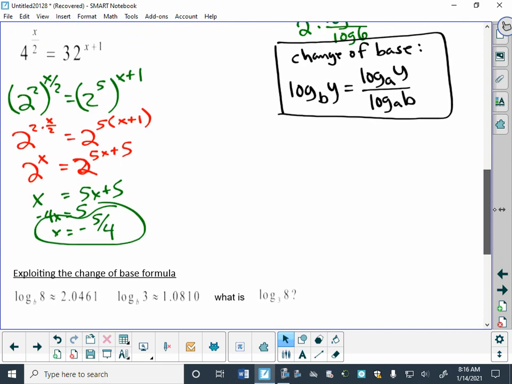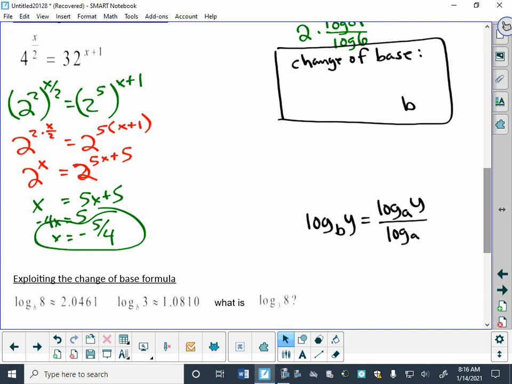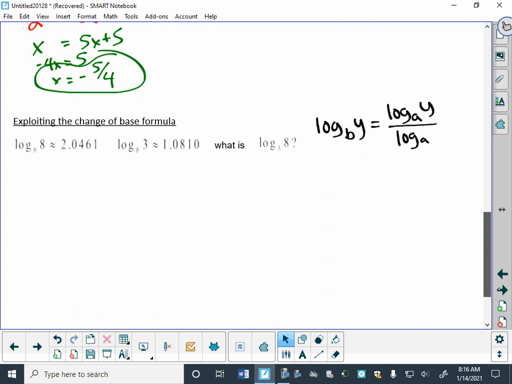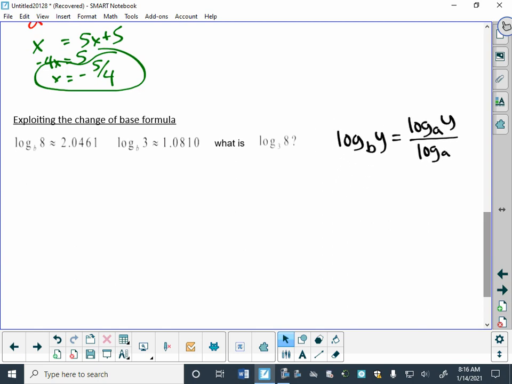Okay. I'm going to bring that change of base formula down here. So here was our change of base formula. What I want is a log base 3 of 8. This was a b in here in the formula up above, log base a of b.